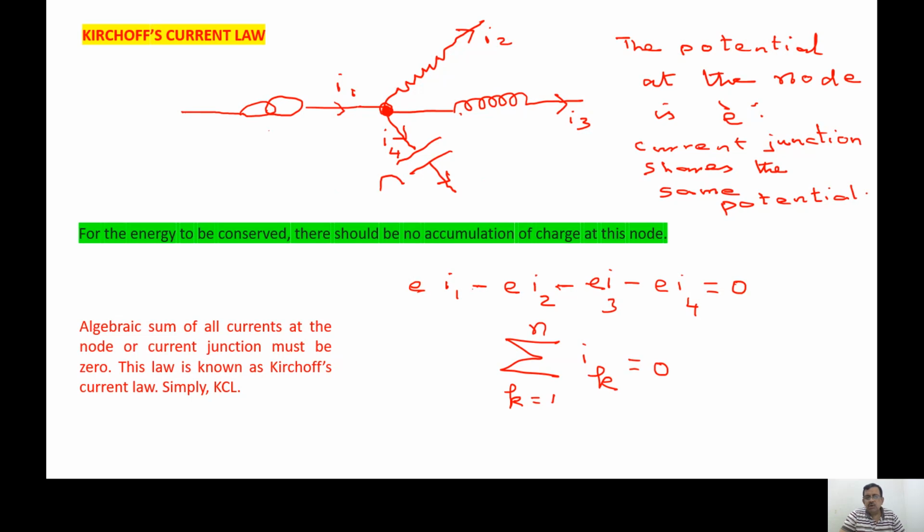Now, suppose in a problem I want to find only at a particular component, say a load associated with a circuit. Load is nothing but the component to which the power needs to be delivered. The load receives the power.